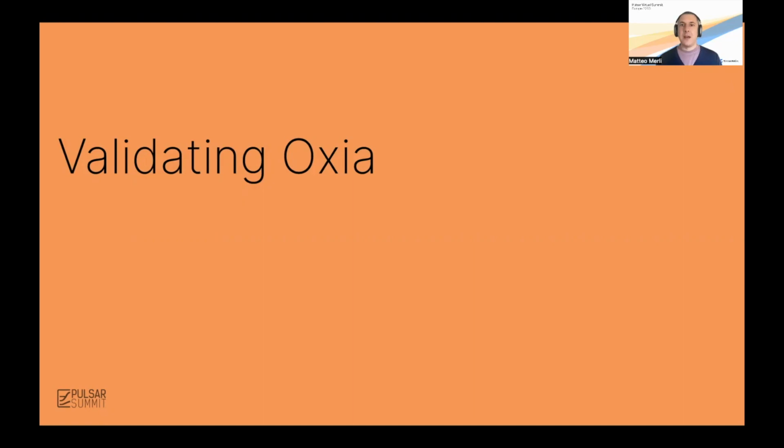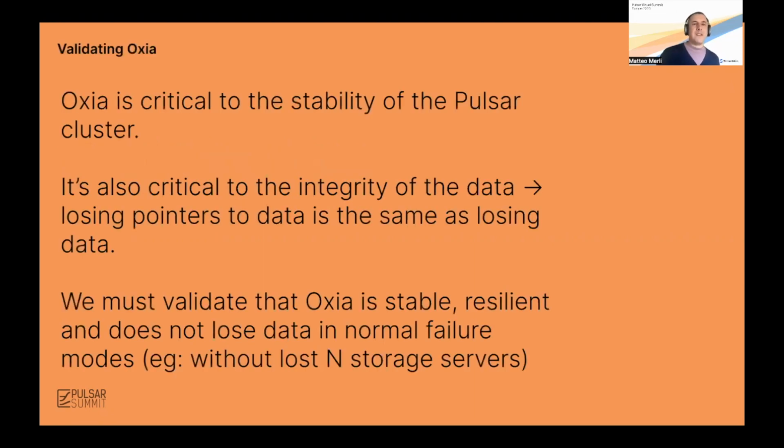Oxia is really a critical system, right? This metadata sits at the very core of any distributed system. If this system is not reliable, stable, or resilient, it affects a Pulsar cluster in a very bad way. If we lose a bit of metadata, we can lose a lot of data in the end.